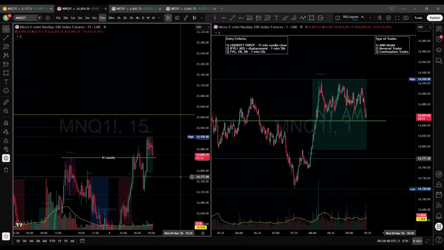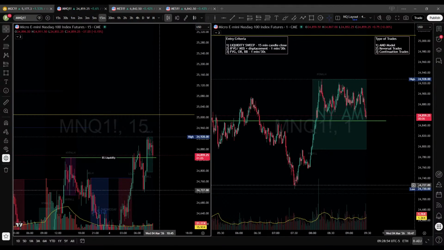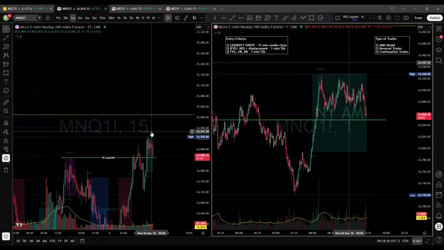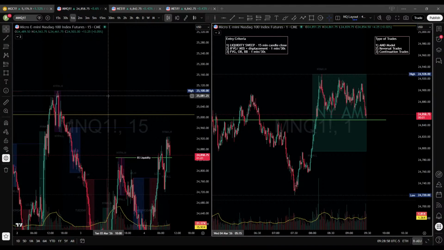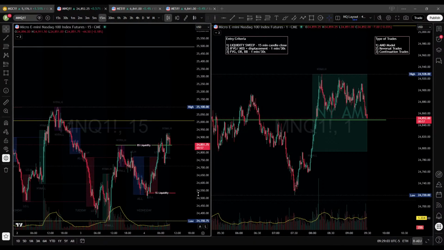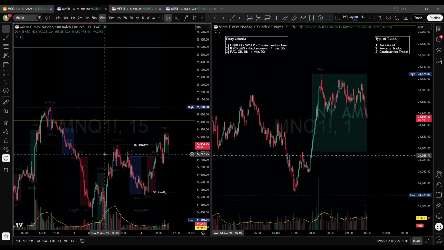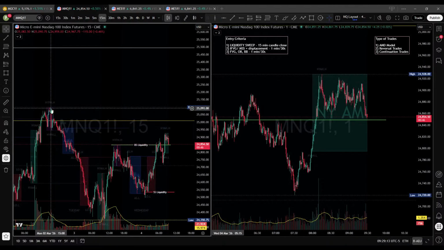If it continues, it's gonna go down, but if it shows us a reversal, the price is highly likely to take out this low, Monday's high, if the price starts moving higher.